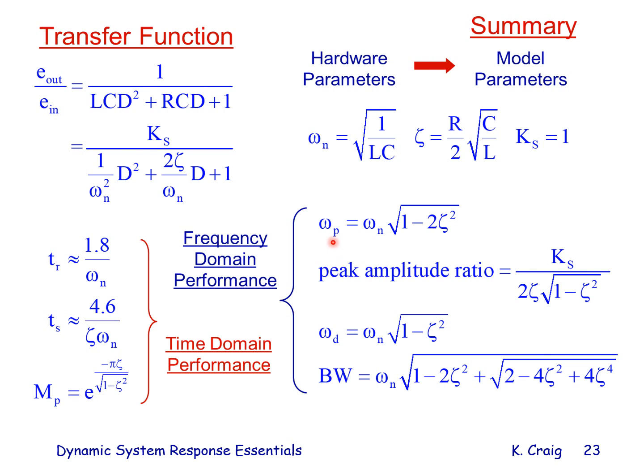Here the peak frequency for zeta equals 0 is the same as omega n, but for non-zero values of zeta, you can see the peak frequency and omega n are not the same. Here, the damped natural frequency is not the same as the undamped natural frequency omega n, obviously, and it takes a lot of damping to cause omega n to be significantly different from omega d, or omega d to be significantly different from omega n.